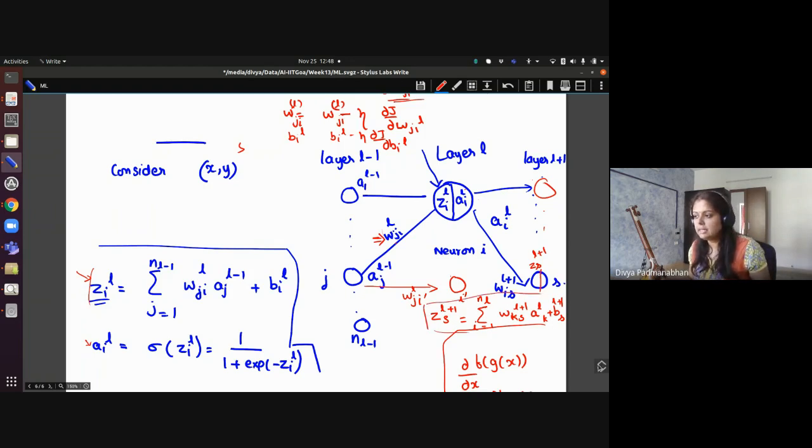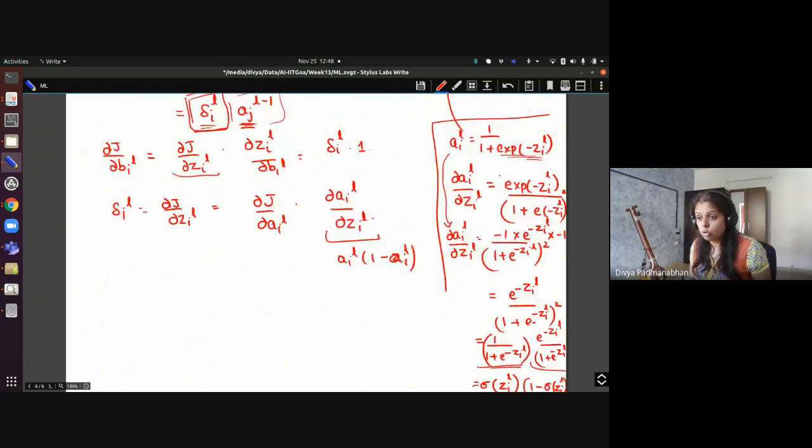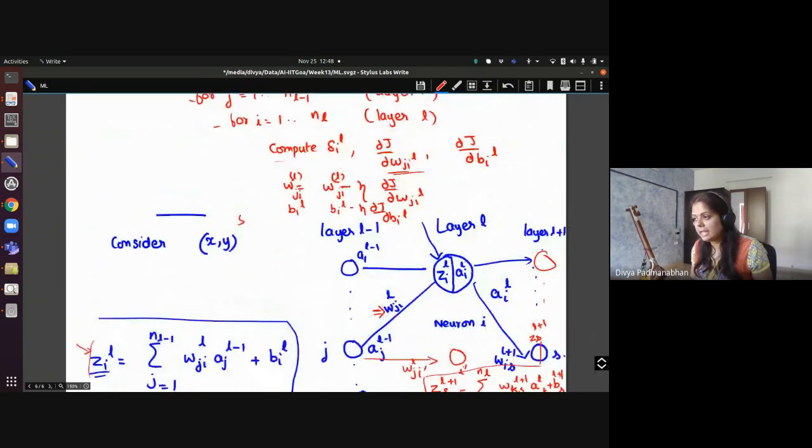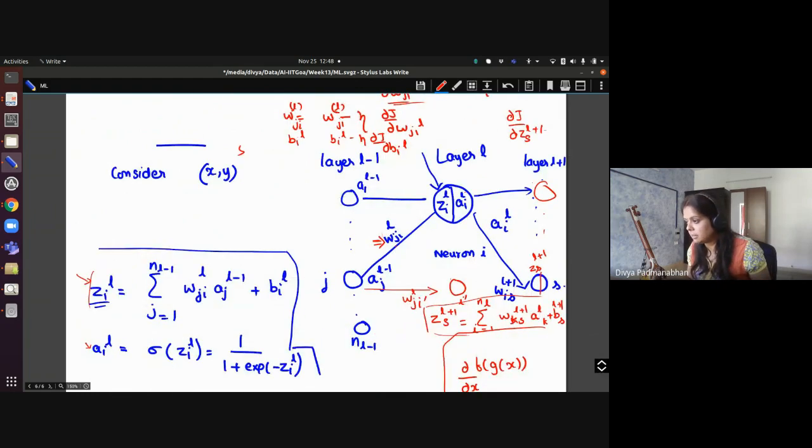Now what you need is to compute dou J by dou a_i^l, which is basically getting invoked here. So you will compute dou J by dou z_s^(l+1), because that's where all these come. This is W_is, okay, I mixed up the notation, so this is W_is times a_i^l plus b_s. So a_i^l is coming up in the computation of z_s for every one of these neurons in layer l plus 1.